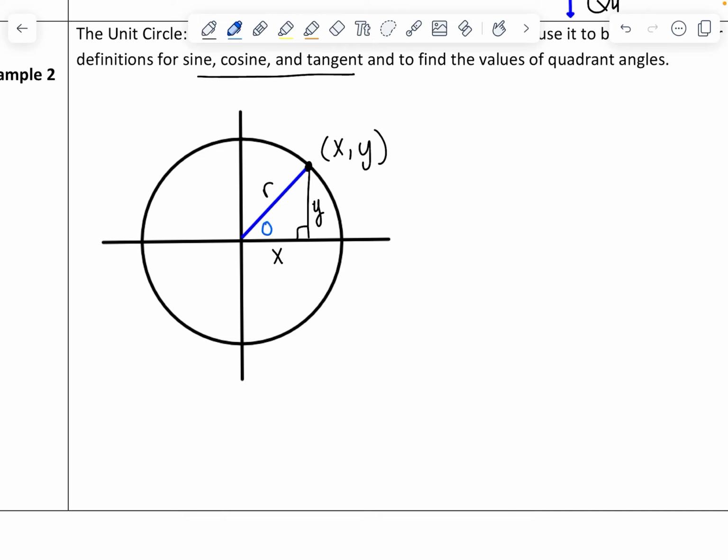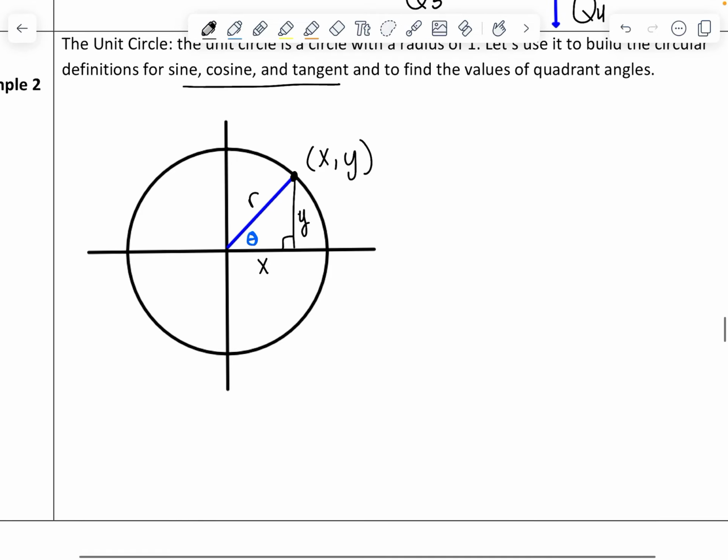And then we can say our reference angle is right here, formed with the X-axis and that terminal side, or our radius. And then we can find our circular definitions. We can derive them from this picture.